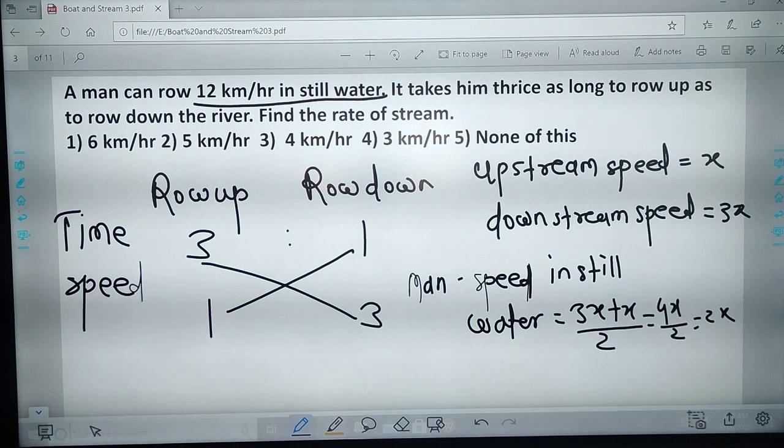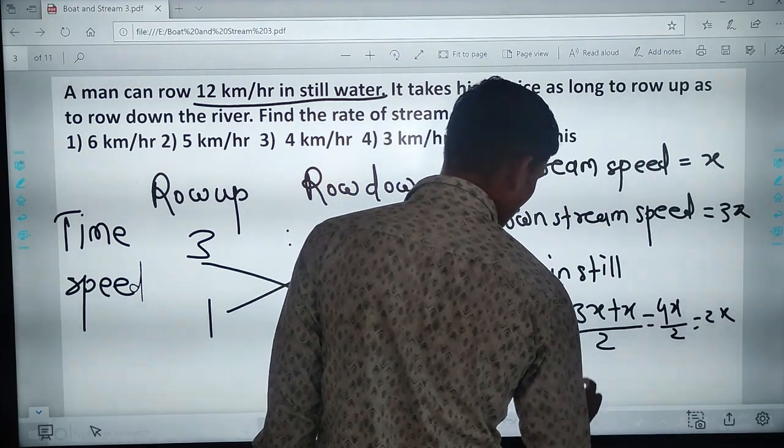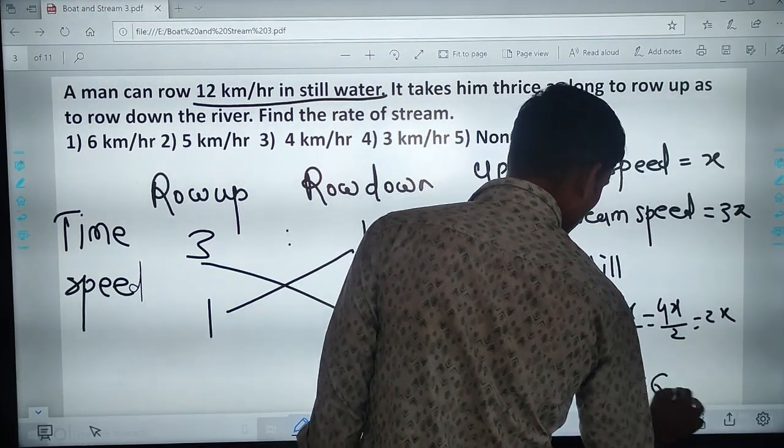Man's speed in still water is 12, so 2x is equal to 12. Then x is equal to 6.